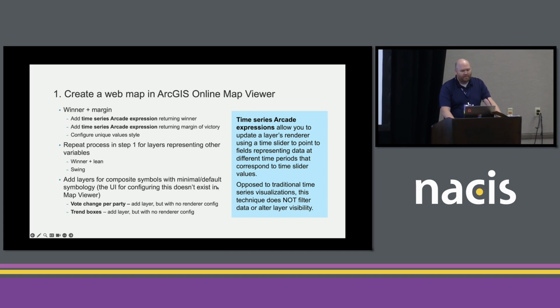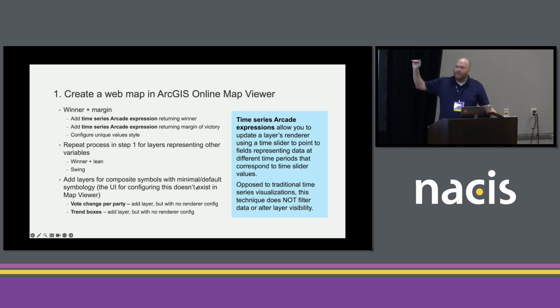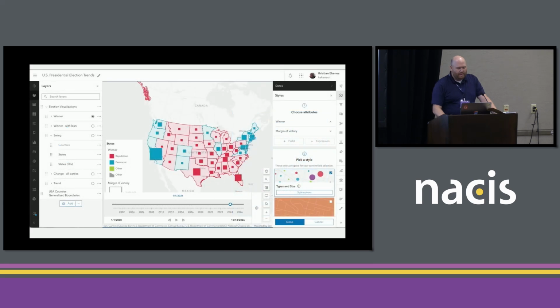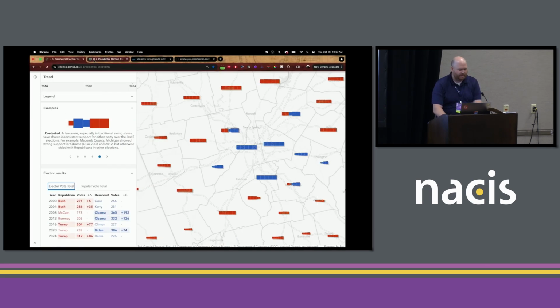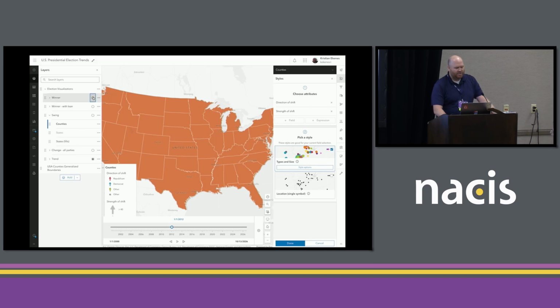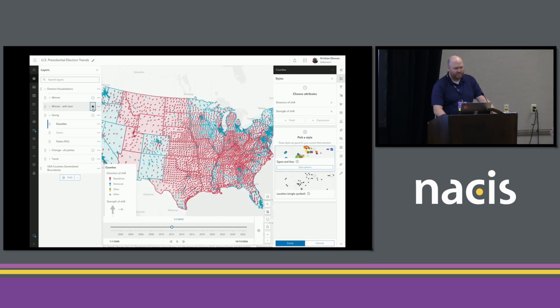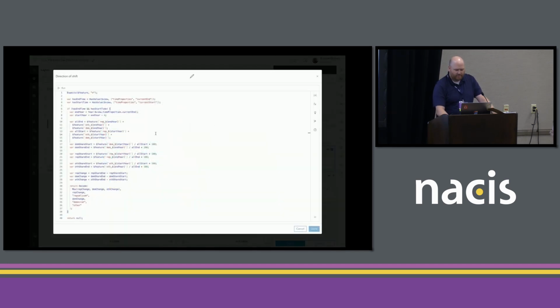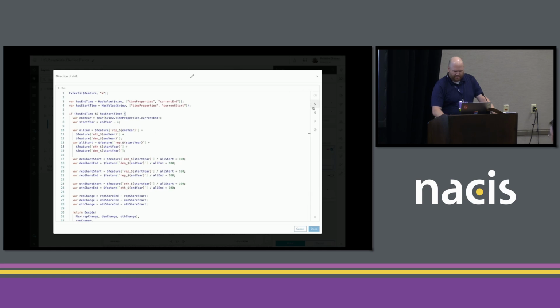So I set that up, and then I add layers for the complicated styles, the composite symbols that I can't configure in ArcGIS Online, but I'll configure later. Just to give you a quick sense of that, here's the map in ArcGIS Online. You see all the visualization styles here, and here's my time slider to show you that it does work here. If I look at the Arcade expression, it's written there.